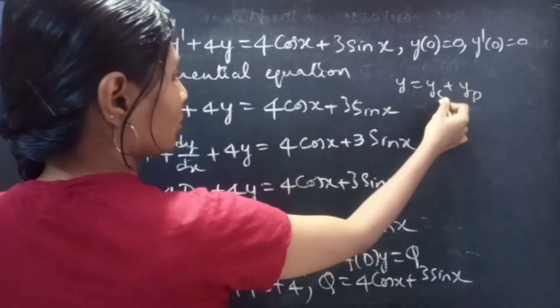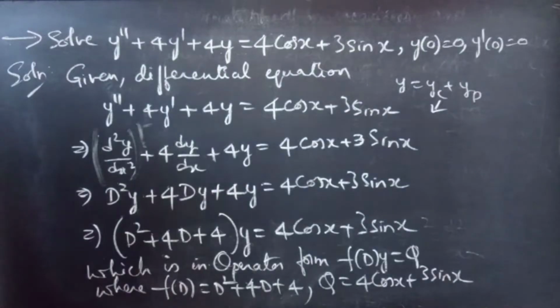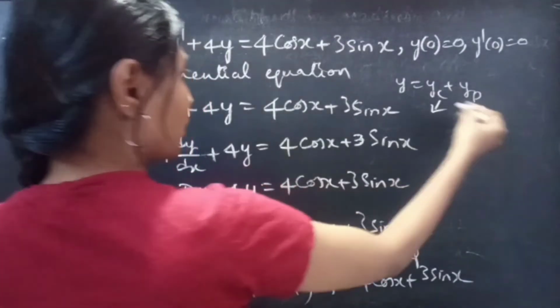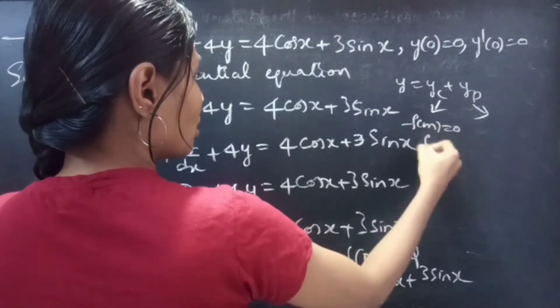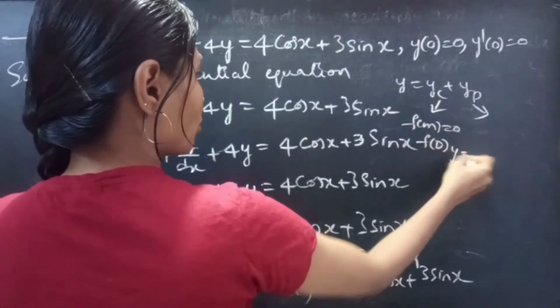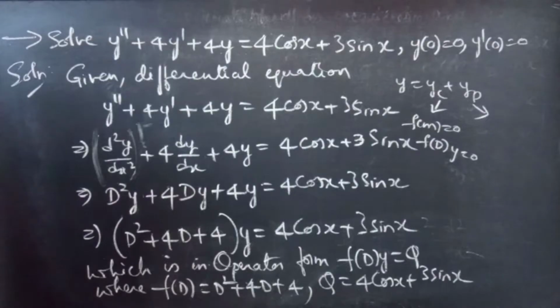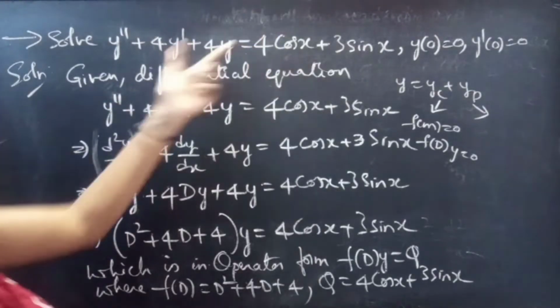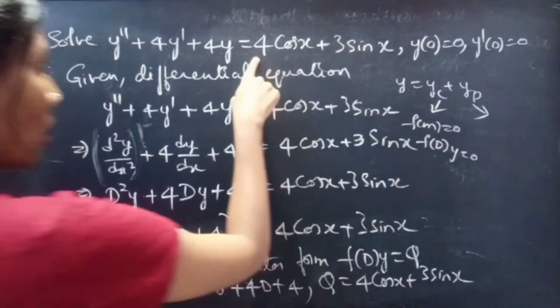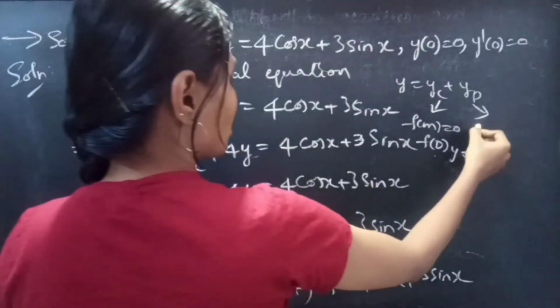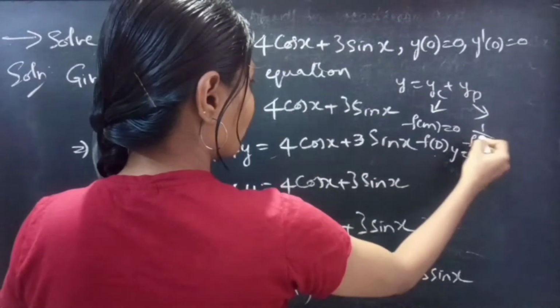Here yc is the complementary function and yp is the particular integral. We'll find yc using the roots of the auxiliary equation of the homogeneous equation of the given non-homogeneous equation. Simply by taking the RHS to 0, we'll get F(D) y = 0, which is the homogeneous equation to the given non-homogeneous equation. And we'll find yp using 1/F(D) into Q.